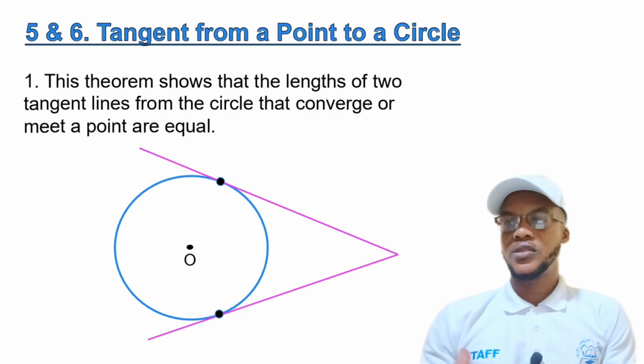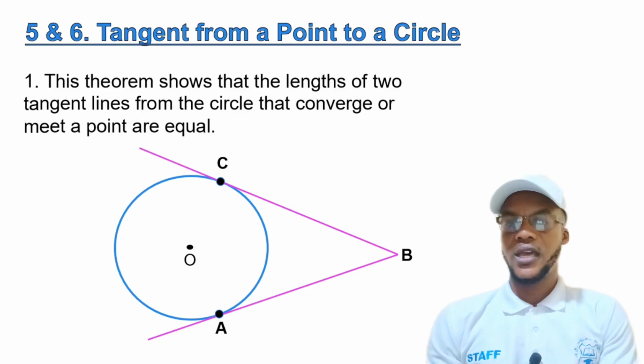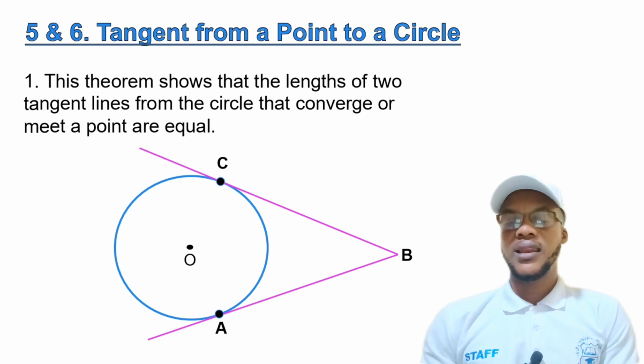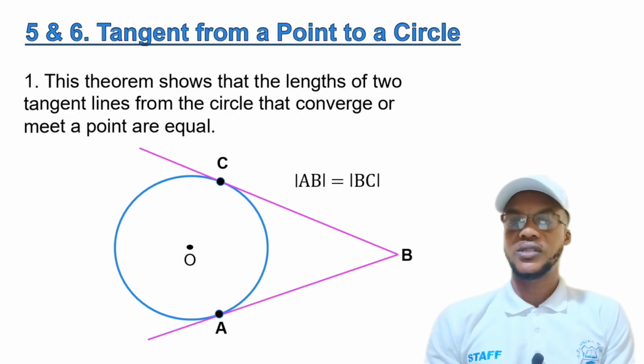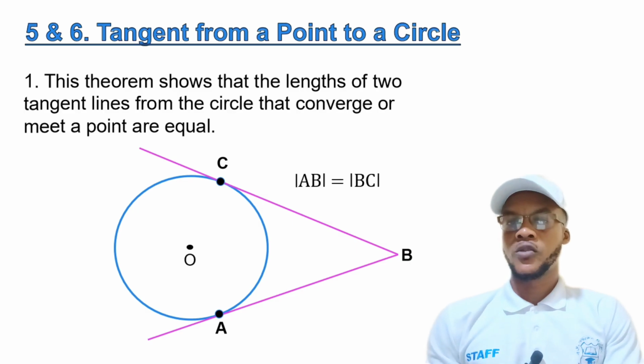You realize that these two tangent lines converge or meet at B. So from point C to B and from point A to B, the length of CB is the same as the length of AB. That is what it is trying to say. The length of AB is equal to the length of BC. So that is this principle.